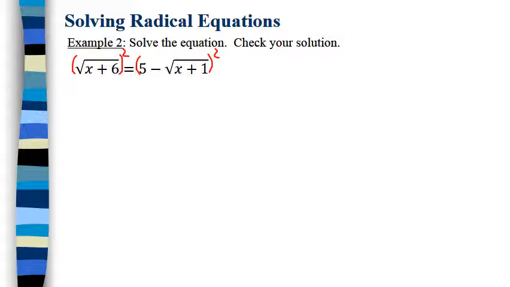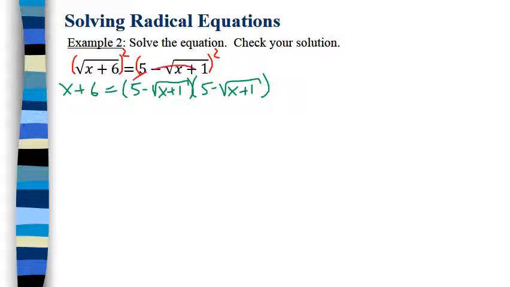And so now we have x plus 6 equals, and on the right we have 5 minus the square root of x plus 1 squared, which means we're going to do 5 minus the square root of x plus 1 times 5 minus the square root of x plus 1. Okay, so we can go ahead and distribute here, right?